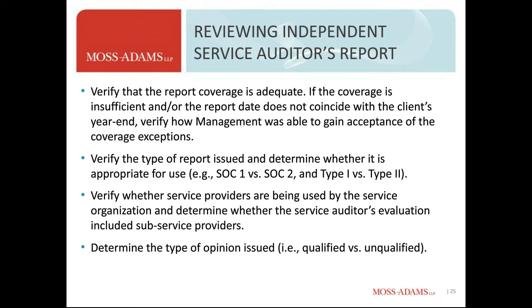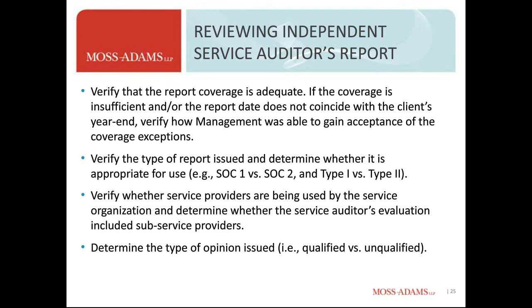So if the report covers January 1st through September 30th and you're a 12/31 year end, then the report will have covered effectively the controls in place and operating for the first 9 months of the year for your organization.